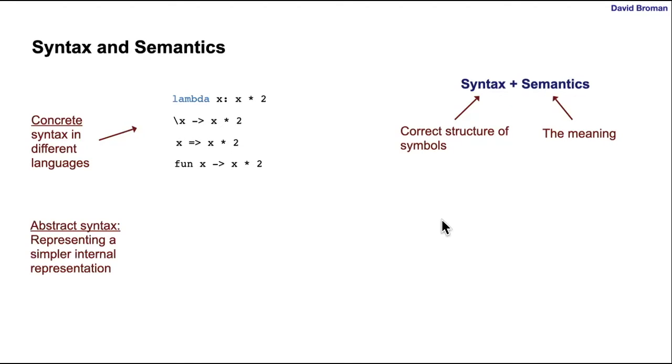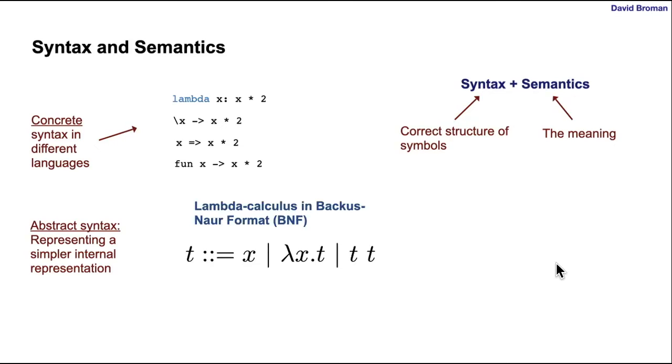But abstract syntax is a simpler representation, typically used internally in compilers. And often when we talk about the lambda calculus, we just write an abstract syntax, typically defined using BNF syntax. And here we have then the term t, which is the non-terminal.